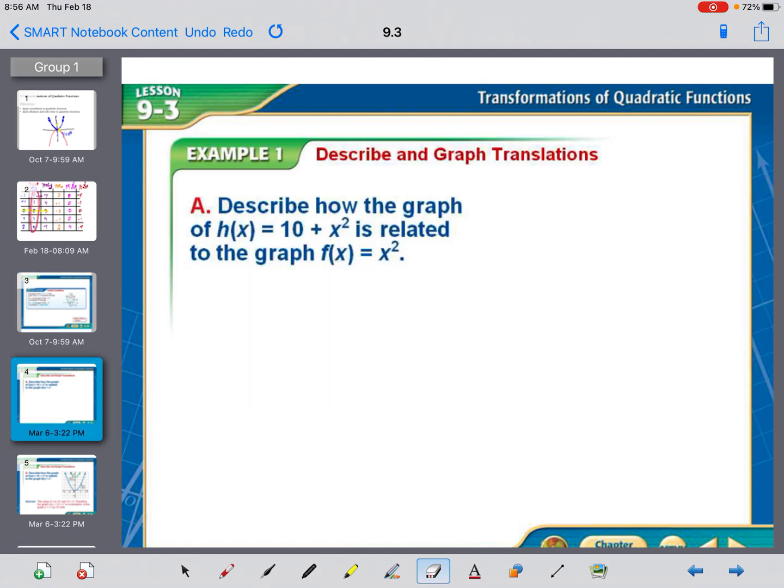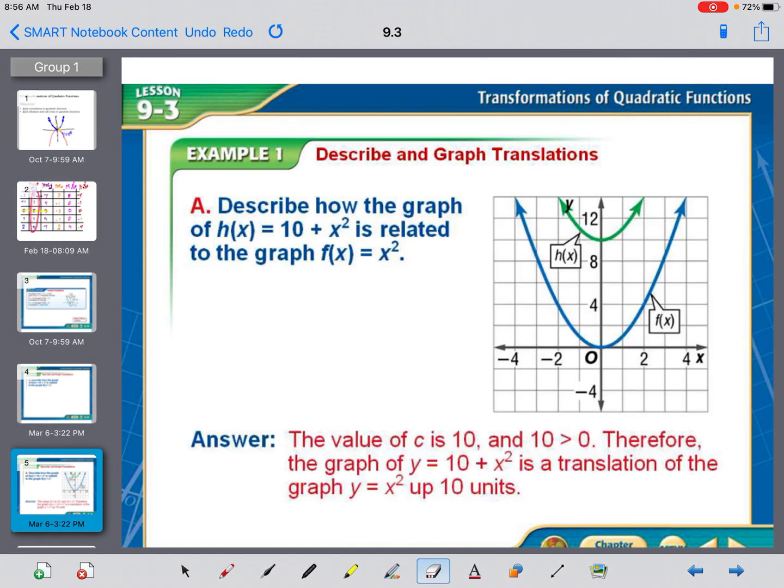So quite easily, I hope you realize this is your x squared. This is your base or original function, your basic function. And what are you going to do here? You're going to add 10. So it's going to move it up. It says describe what happens. It's going to move it up. And you can see here's the basic one, the standard x squared one, right?